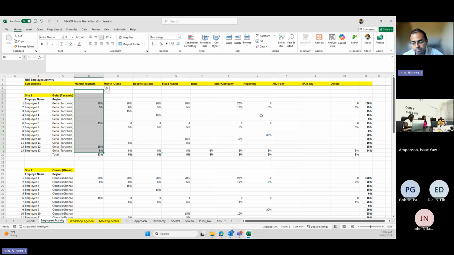That's why it is a very important file which you have to fill, where you can divide a person's time according to various sub-processes. And this will be used by other teams also. AP has this same file where they will enter their details, and internally on the Genpact side, we will discuss and align on the cross functions.